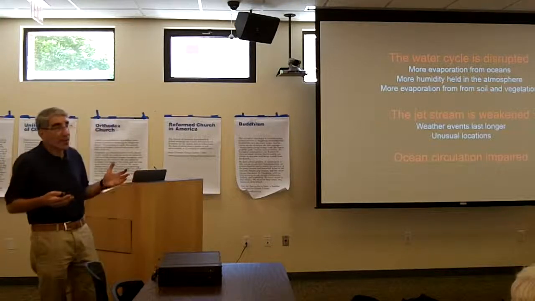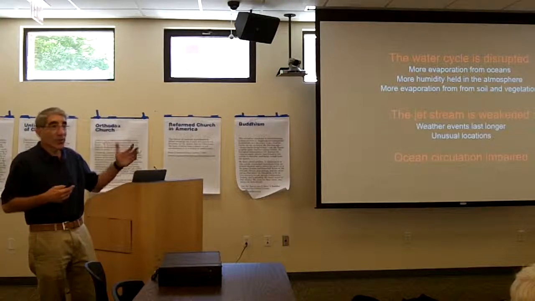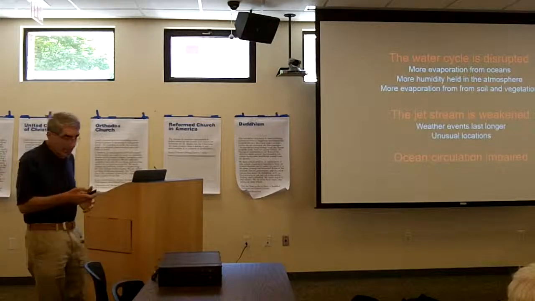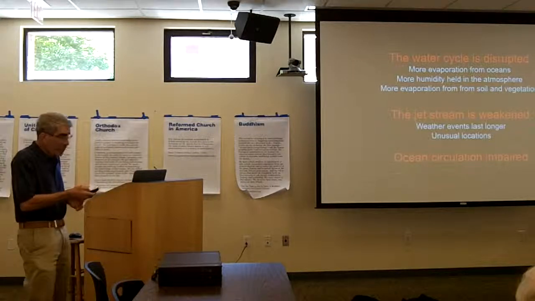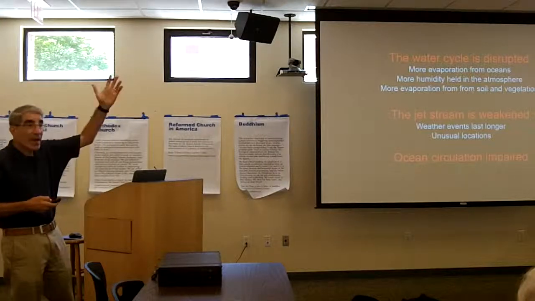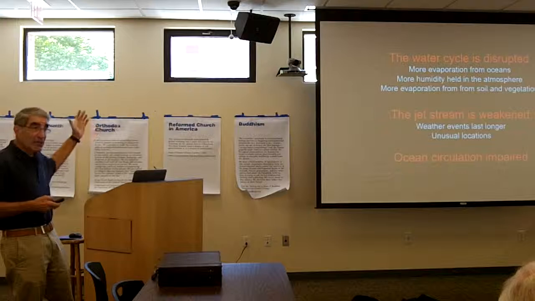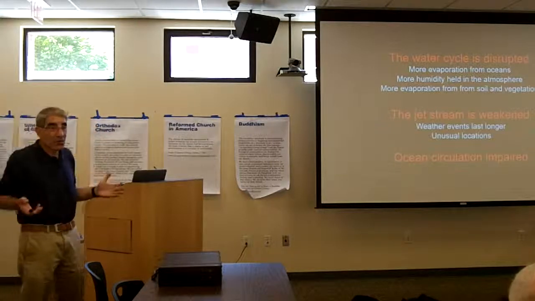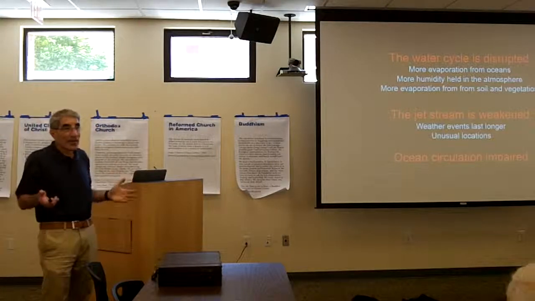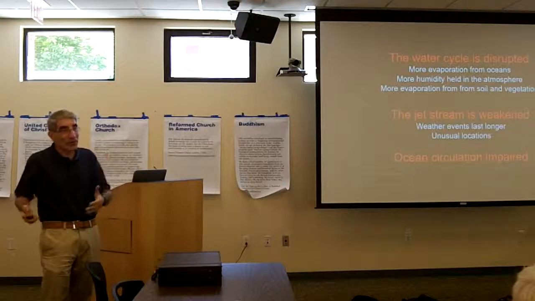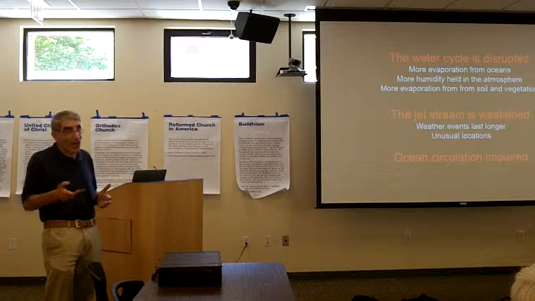But what's also happening is that the Arctic is warming much faster than the equator for that reason. And so the jet stream, which are those winds that go from west to east, and they power our weather patterns. So we know that if it's snowing in Chester County, a couple of hours later it's going to snow in Philadelphia, a few hours later in New Jersey, a few hours later up in Long Island.